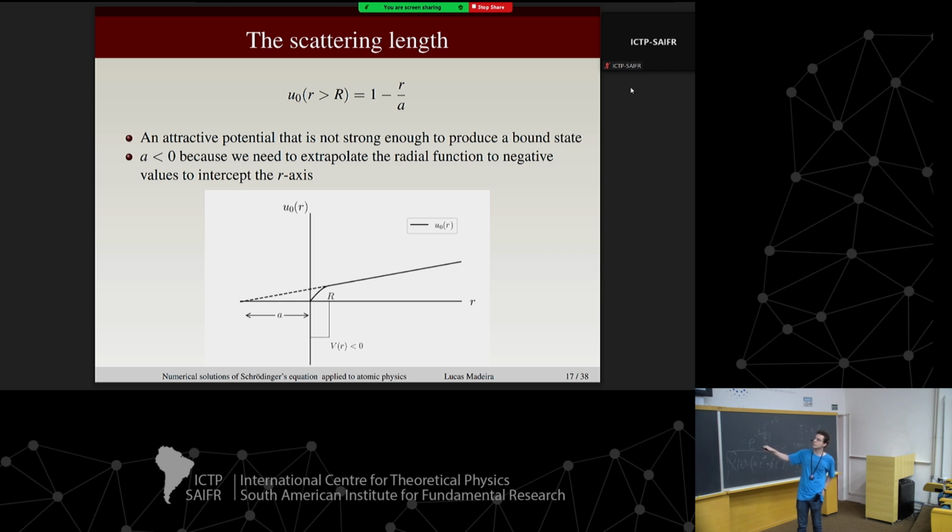And this straight line will always go up, because if A is negative, this thing is positive, then it goes up, all right? Then the scattering length becomes, if I extrapolate it and see where it hits the R-axis, that's the scattering length, and that's why it's negative, because it crosses the R-axis at a negative position.